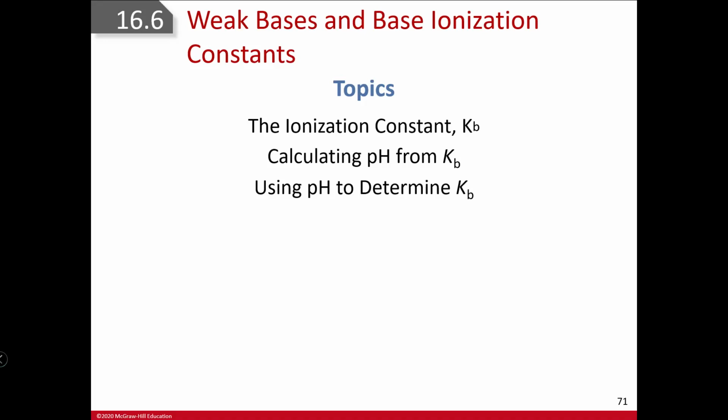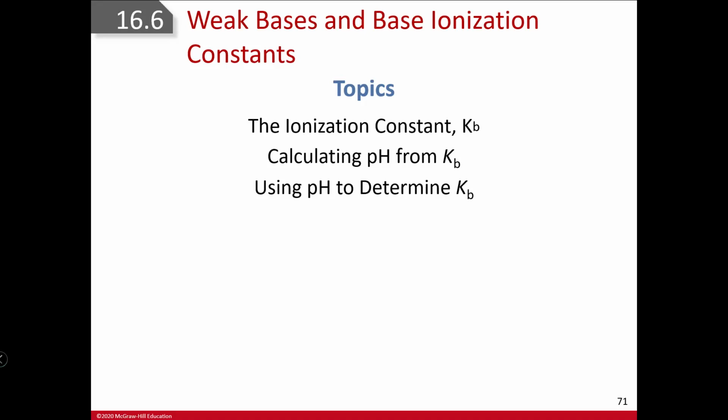Okay, today we're going to pick up where we left off. Last time we talked about the acid ionization constant Ka. We said that was a specialized type of equilibrium constant, and in that acid ionization constant expression, the hydrogen ion or the hydronium ion must be present for it to be called a Ka.